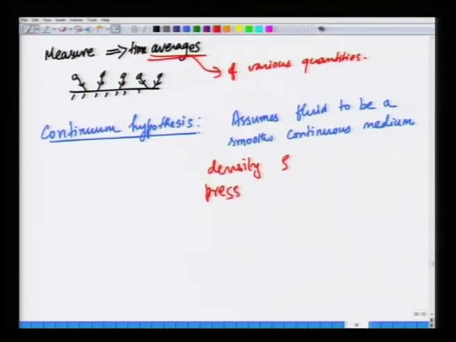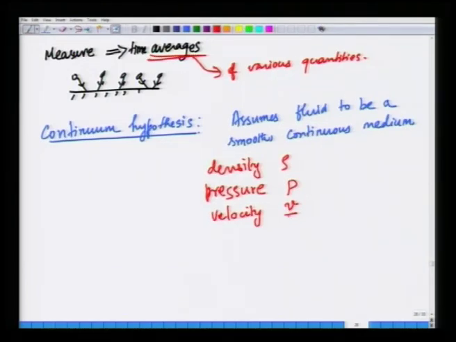Pressure is nothing but the force that is exerted by the fluid per area of any surface, and velocity of the fluid. Velocity is normally denoted by the vector v. Velocity is a vectorial quantity, it has both magnitude and direction.